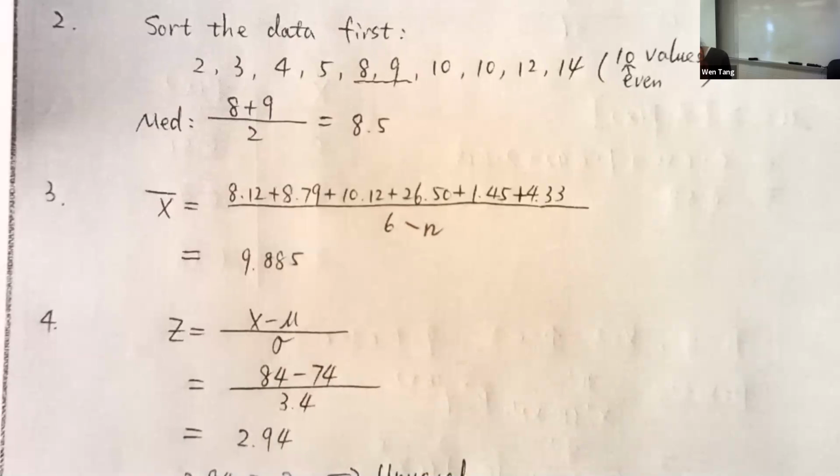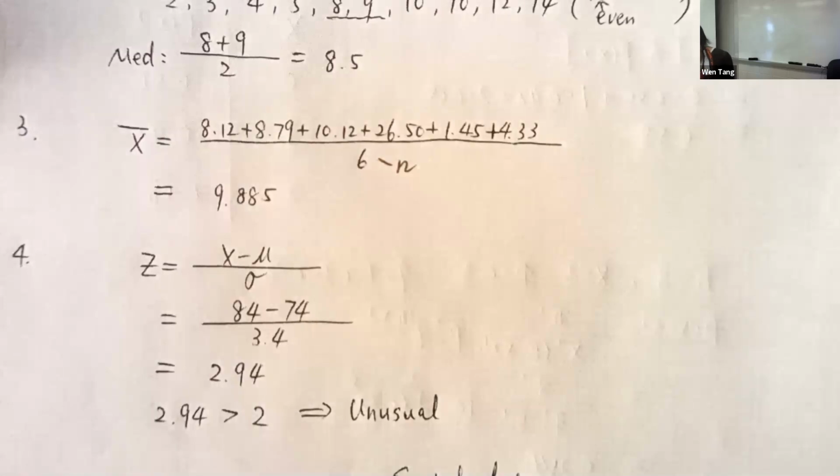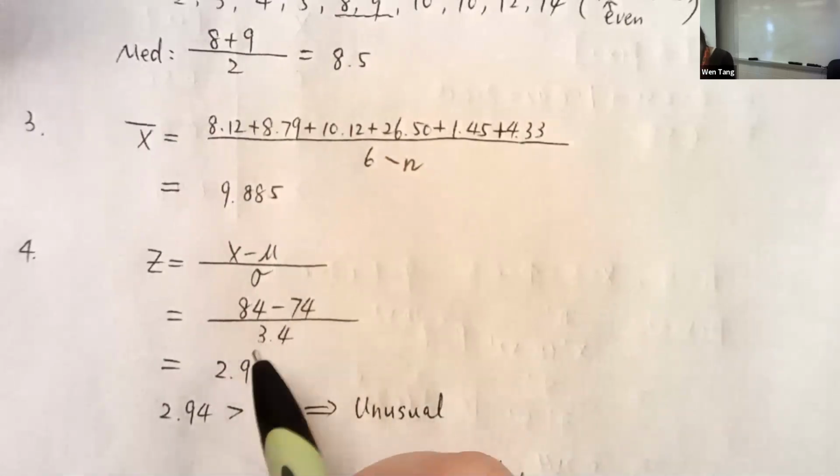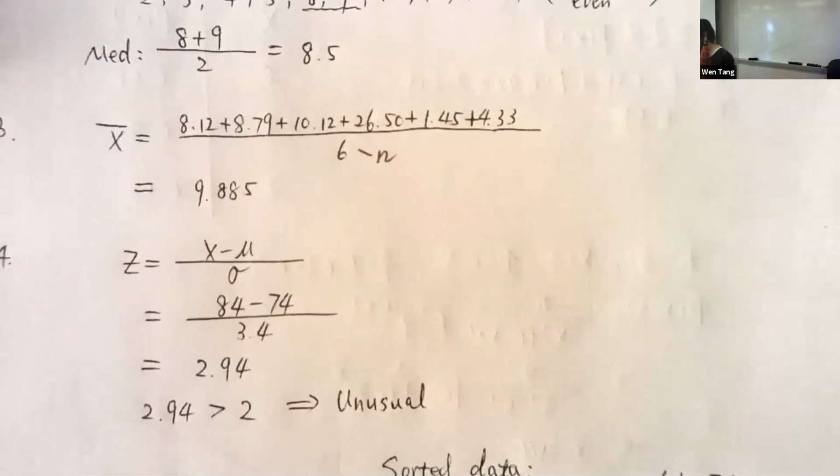Remember the rule: if it's greater than 2 or less than -2, which means the absolute value is greater than 2. Here 2.94 is greater than 2, so it is unusual. So first use the formula, and make sure you understand what is x and what is mu. Get the correct z-score, then compare it to 2 or -2. If the absolute value of z is greater than 2, that value is unusual. So that's question number 4.